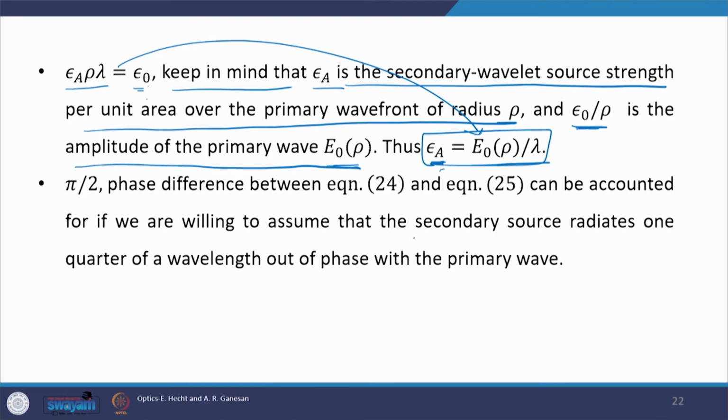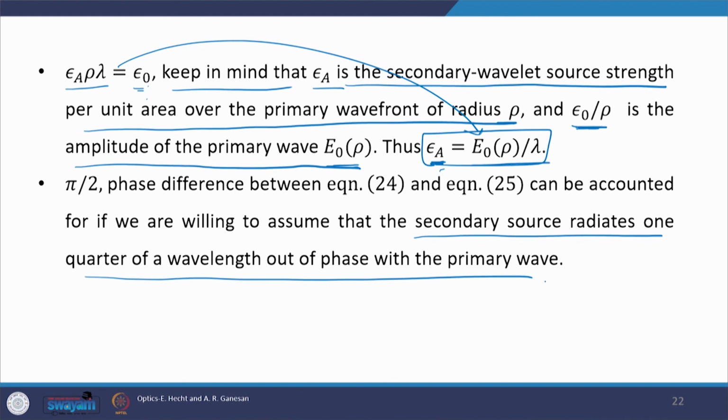Okay, this is something which is very new now. Here what is being introduced is that secondary wave sources or secondary wavelets are out of phase with the primary one by pi by 2 angle. Okay, there is a phase difference between the primary and secondary radiations.